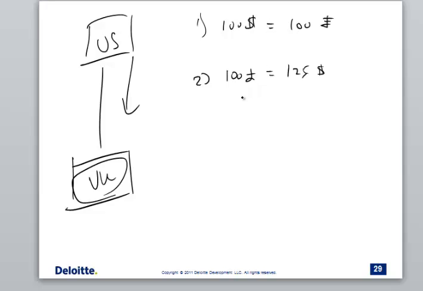So on our 10K, we're going to show cash of 125, right? Because we have a pound asset that's now worth $125. But last year, we just had 100 of cash. So somehow on our 10K, we have to debit cash 25 and credit something else 25.